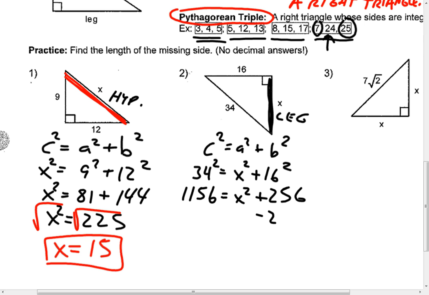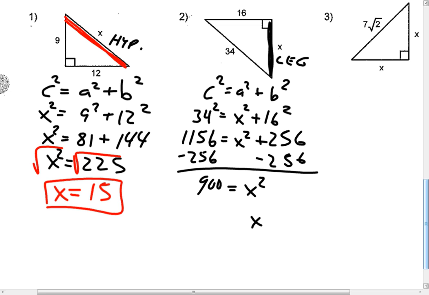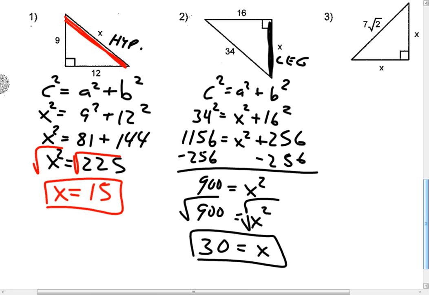A little bit of subtraction. I'll do square root. What's x? We get a leg of 30.